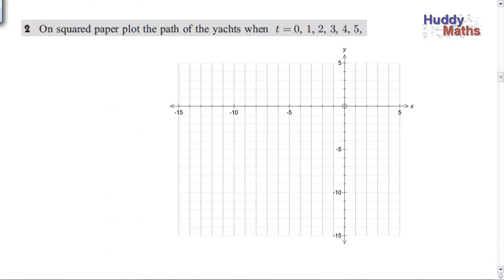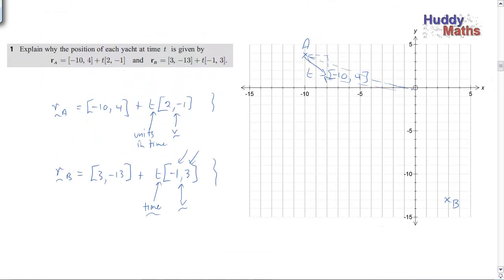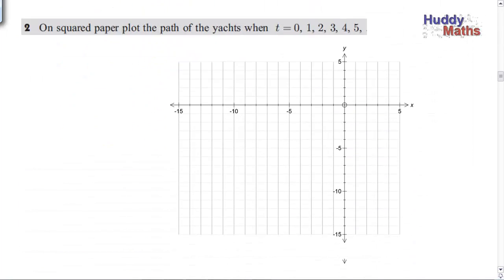So on square paper, plot the path of the yachts when t equals 0. Okay, well this was neg 10, hang on, what was it? Let's just go back and have a look. It was neg 10, 4 and 3, neg 13.